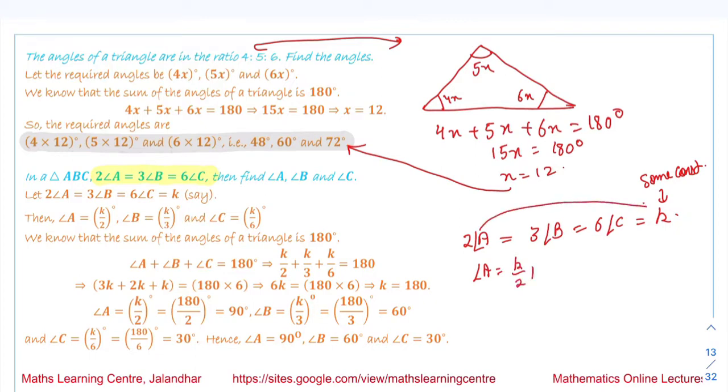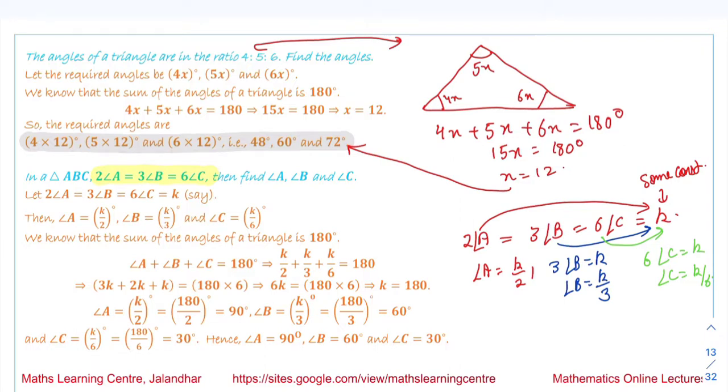Next, 3 times angle B is equal to K, so angle B is equal to K by 3. Next, 6 times angle C is equal to K, so angle C is equal to K by 6.